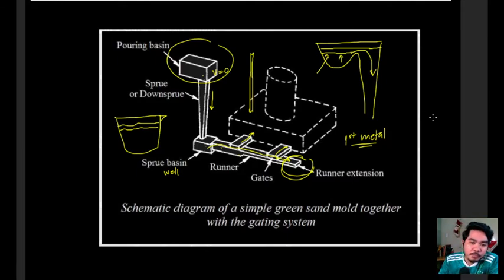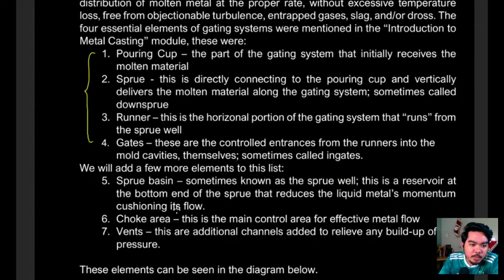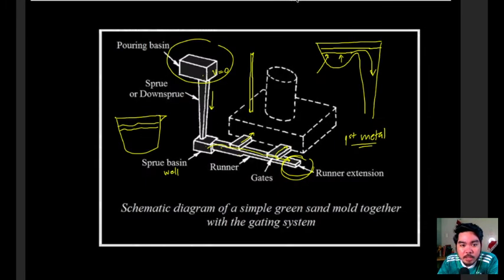Okay? Tapos, there's another term here, no, known as choke area. And this is a very important concept, and our calculations will be mainly focused on finding the choke area, no. So, the choke area is just the main control area for effective metal flow. So, this essentially dictates how the metal is being distributed into the mold cavity.